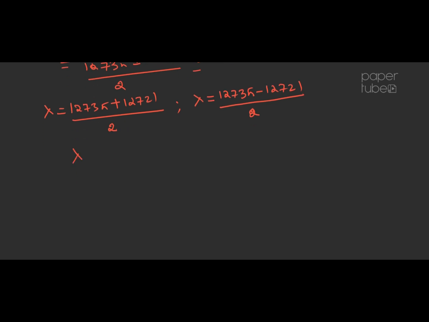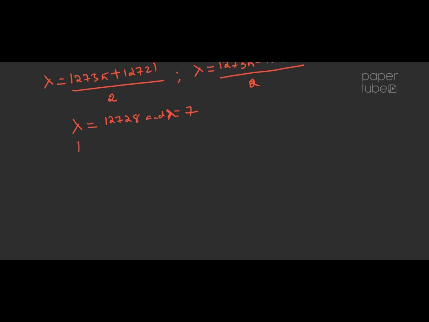So that will be lambda equal to 12728, and then lambda equal to 7. So for convenience, I'm going to give some names. The first one, lambda 1, 12728, that's the first eigenvalue, and then lambda 2, which is equal to 7.